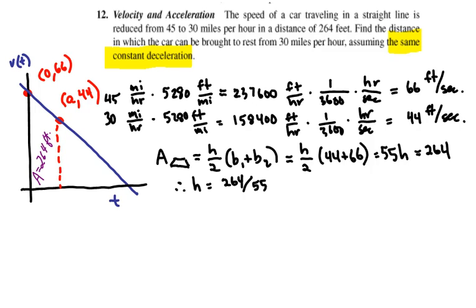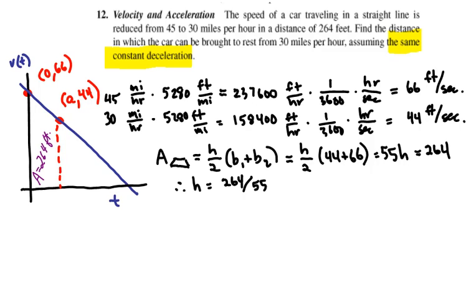So in this video we'll pick up from where we left off, and so we saw that we have this triangular shape. We do know that at the end of it, by the way, that the velocity goes down to 0. So again, we're trying to find the distance in which the car can be brought to rest from 30 miles an hour.